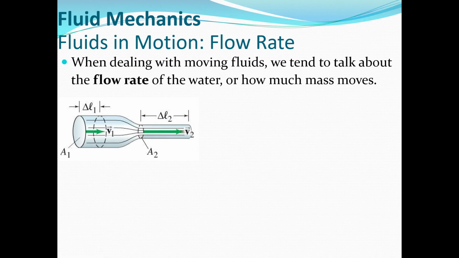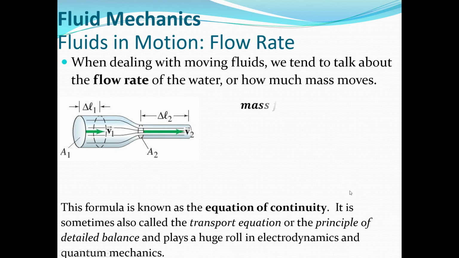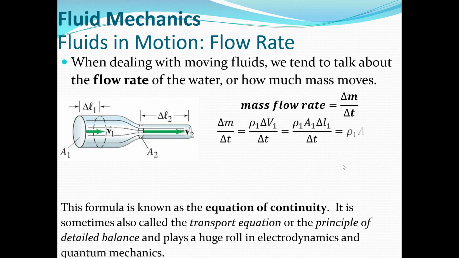Now, when we're talking about a moving fluid, what we're going to talk about is the flow rate of the fluid, or how much mass is actually moving. So we have the mass flow rate, which is the change in the mass over the change in time.